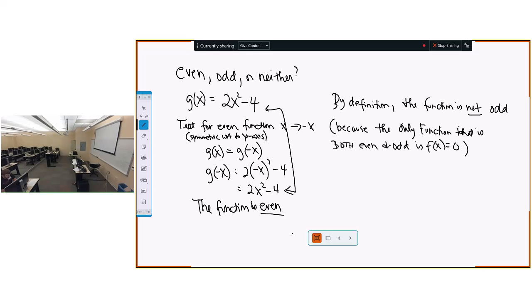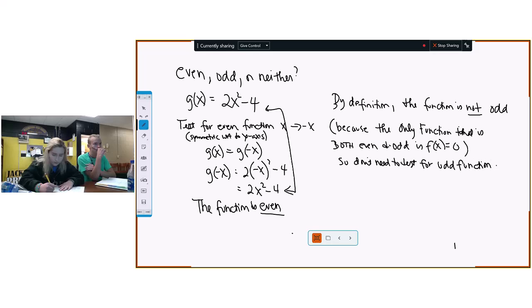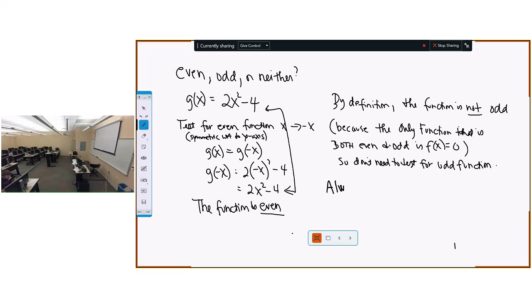So we don't need to test it. So the moral of this is always test for even functions first.